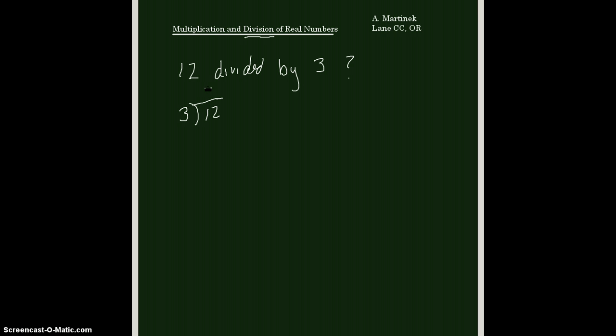We're going to write this perhaps as 12 divided by 3. All right, this is okay. The 3 into 12, we know we'd get 4. But for our discussion, we're going to say 12 is divided by 3.